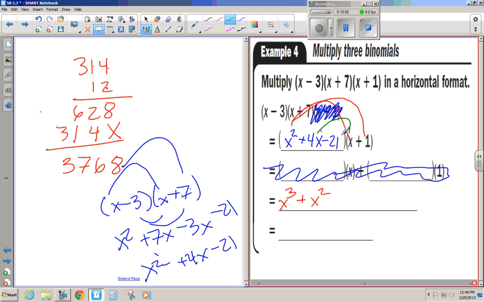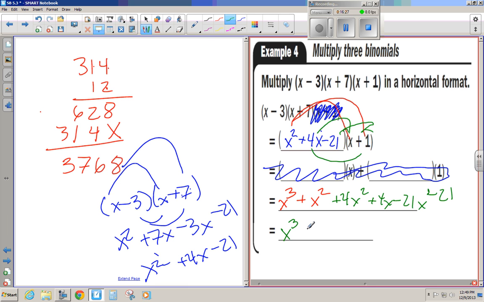4x times x, 4x times 1, 2 minus 21x, and now combine like terms.